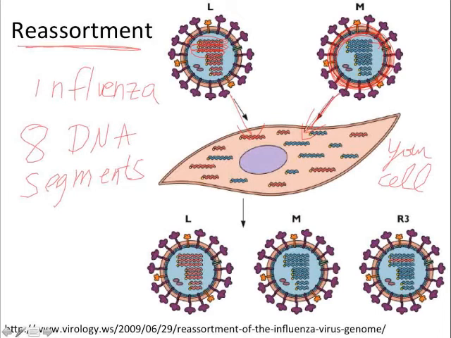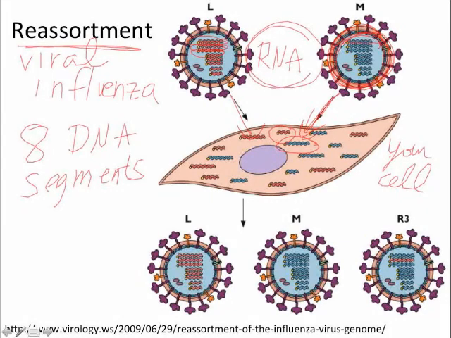When it goes into your cell, that capsid goes away, and you're just the DNA now. This is viral in this case. We've been mentioning DNA, but these mutations can happen with RNA viruses as well. So this could be DNA sequences, or it could be RNA sequences. The example we're looking at right now is RNA sequences.